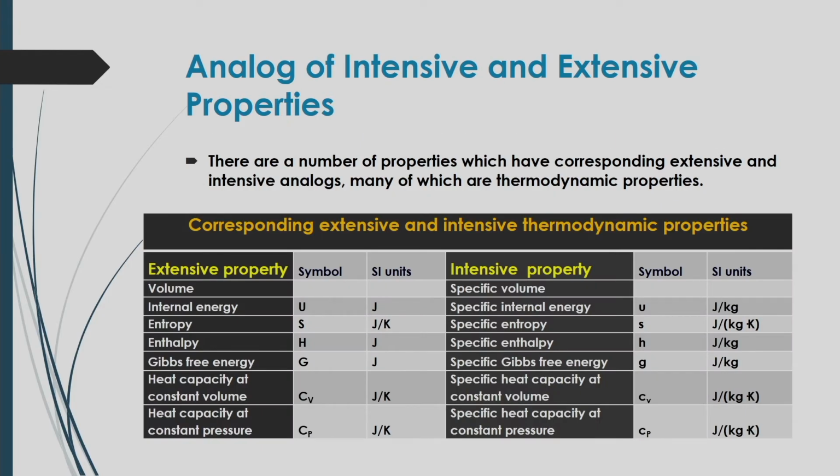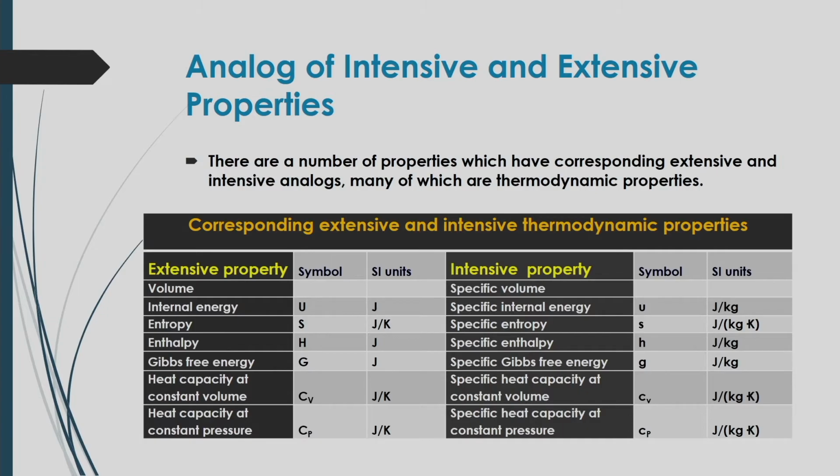Now, you will see some intensive properties analogous to these extensive properties. Actually, these intensive properties are made from two extensive properties or even more than two extensive properties. Like here there are a number of properties that have corresponding extensive and intensive analogues, many of which are thermodynamic properties.